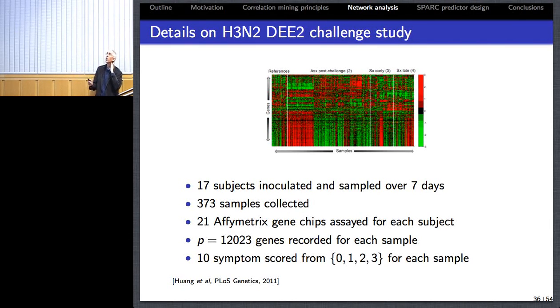So this is for the particular H3N2 study. In fact, the first one we did, D2 and D3, were 2 H3N2 studies. D3 was a repetition. 17 subjects were inoculated, sampled over 7 days, leading to this heat map where each one of these is a gene chip, with the number of samples.